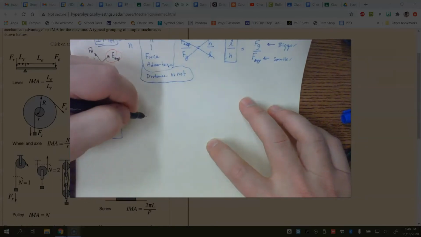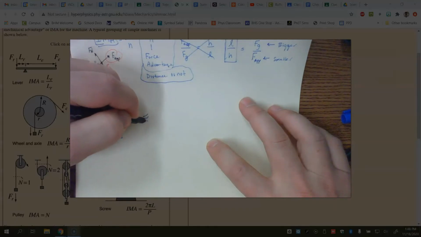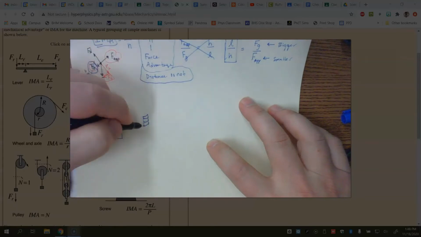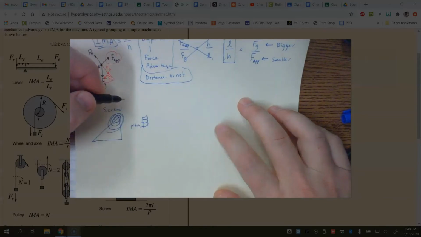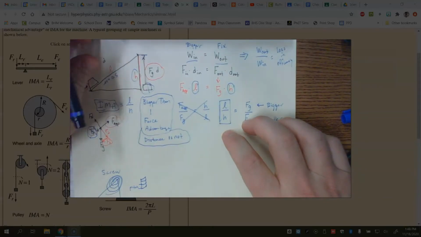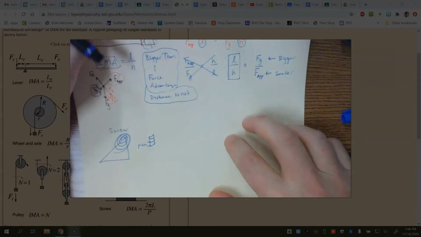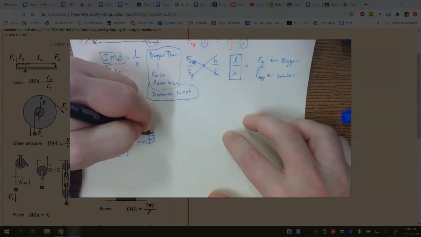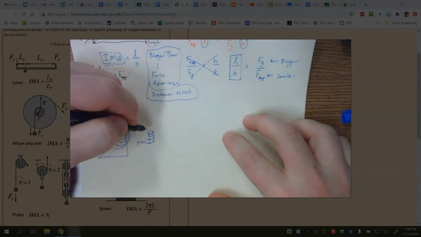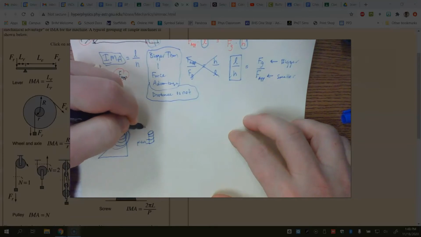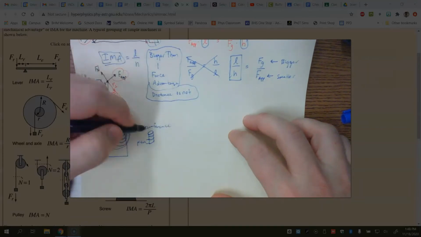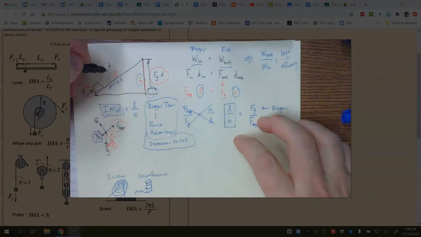Okay? And what happens is we get this effect where there's this gap, and we call that the pitch. And that pitch represents, similar to the height of an incline, it's proportional. And then we look at the distance that it takes to go around. That's like a circumference. And that circumference represents kind of the length.